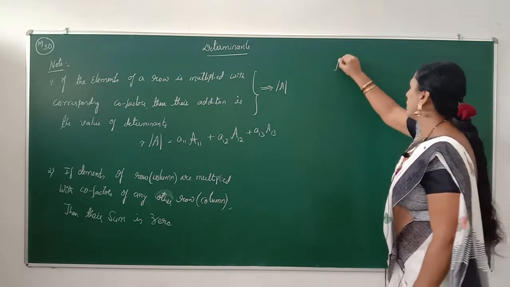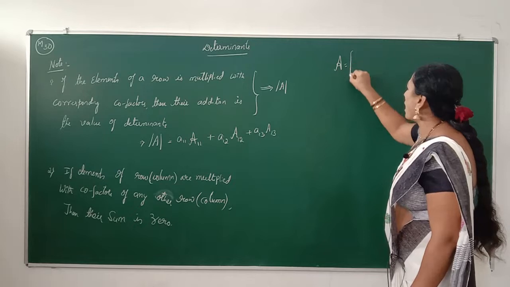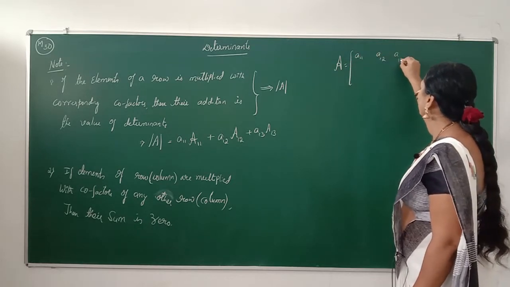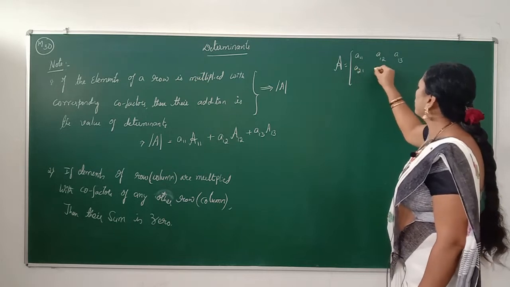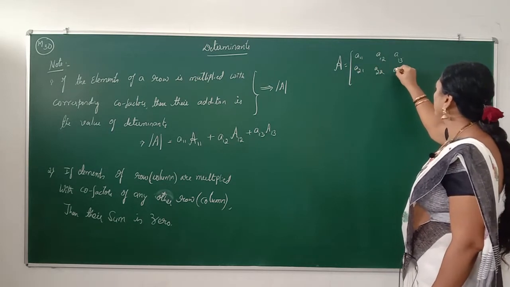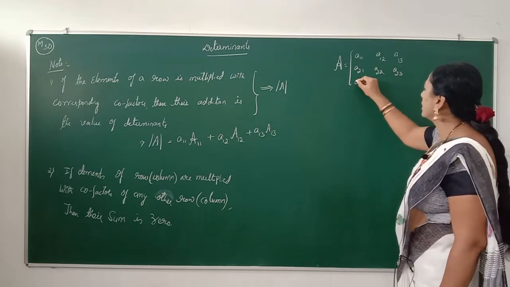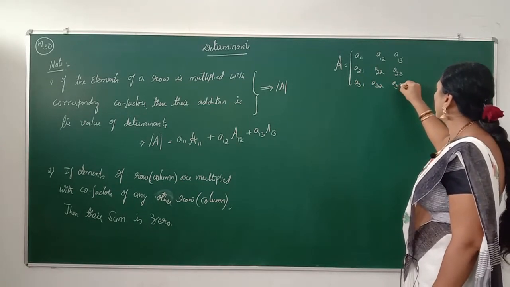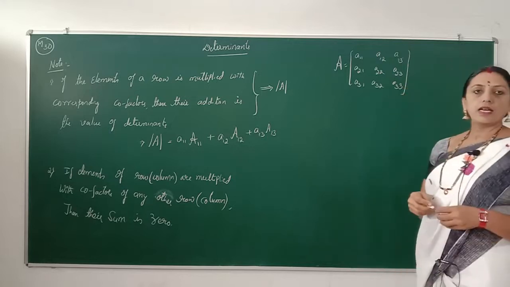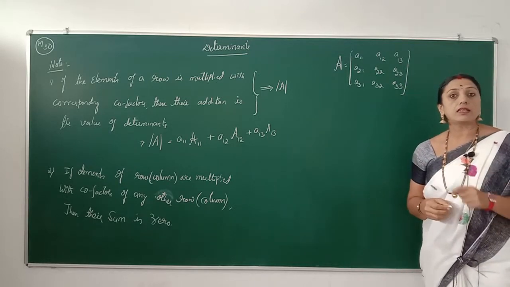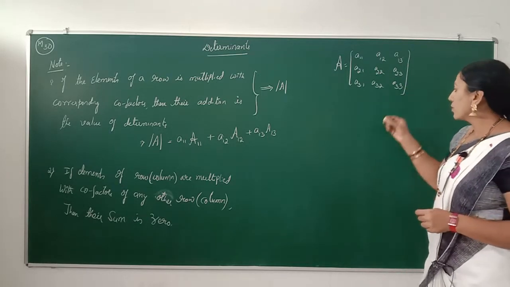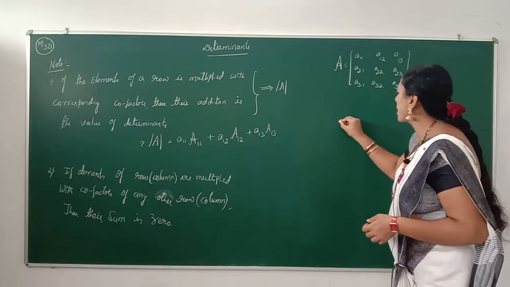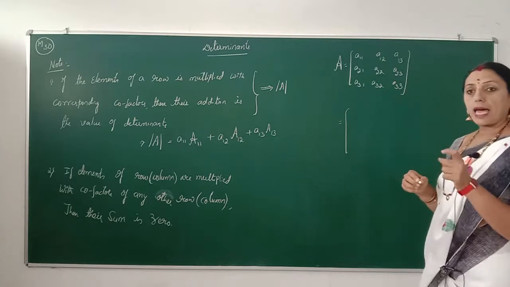Now in general the elements of the matrix A are a11, a12, a13, a21, a22, a23, a31, a32, a33. These are the elements of the matrix in 3 cross 3. The minors and cofactors of those elements are denoted using capital letters.